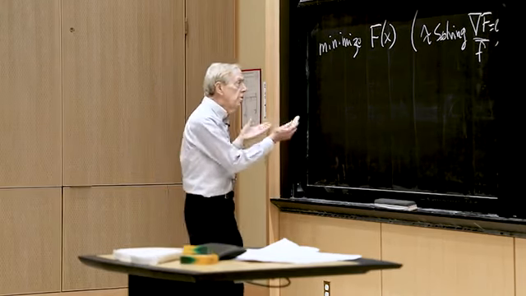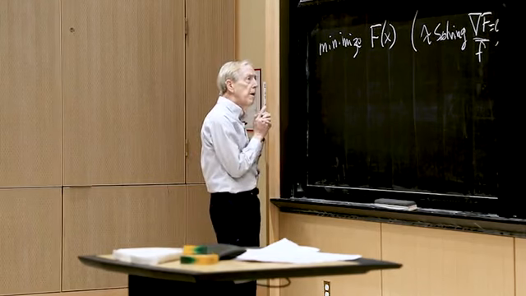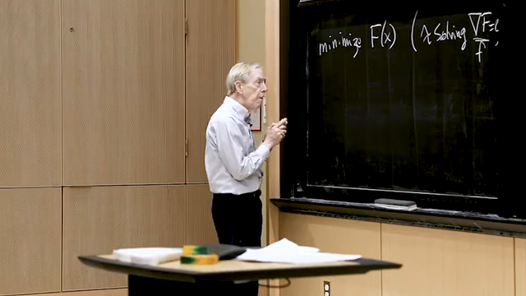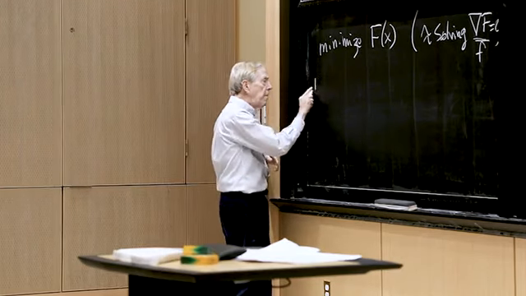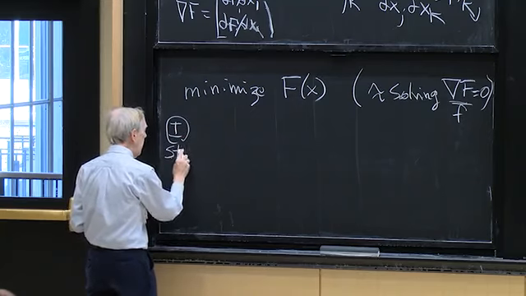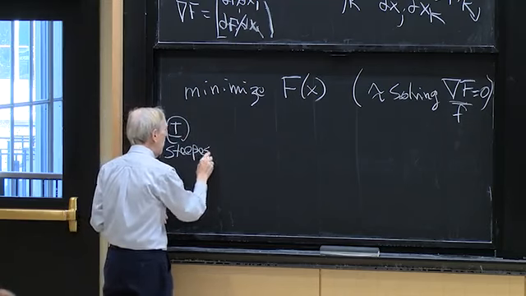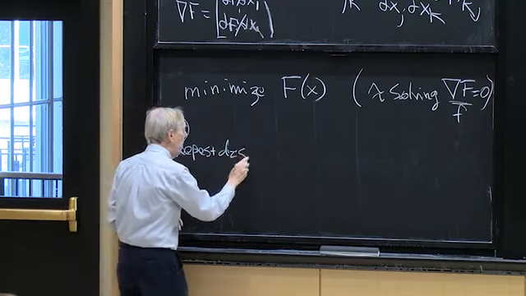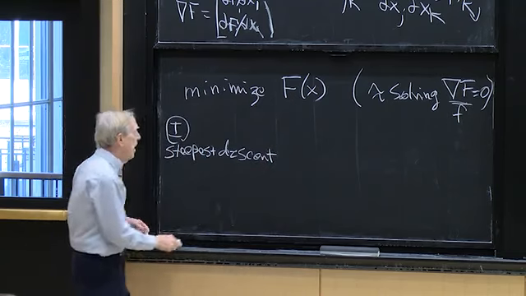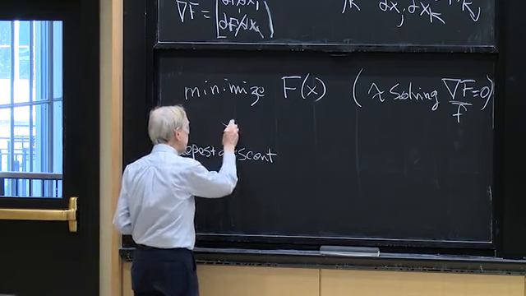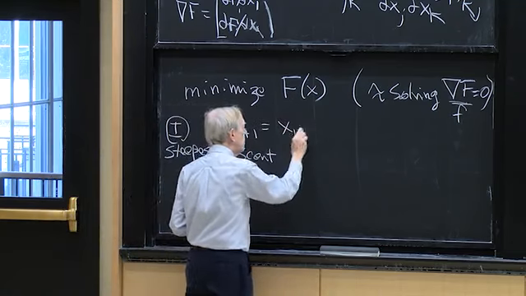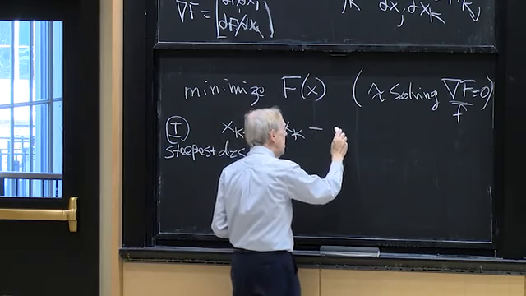So first I'll write down a method that does not involve them. So method 1, and this will be steepest descent. And what is that? That says that xk plus 1, the new x, is the old x minus.